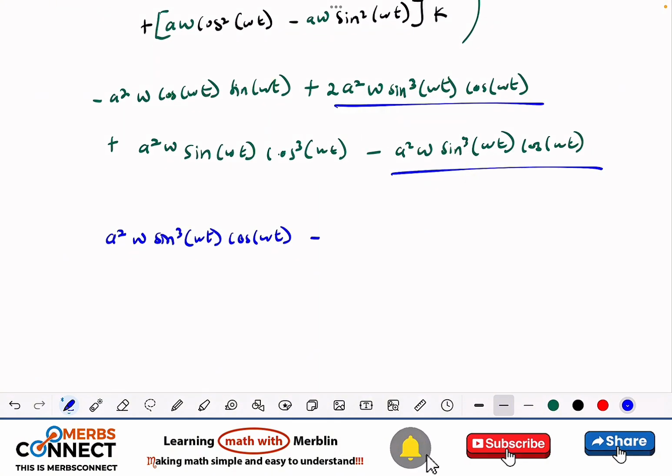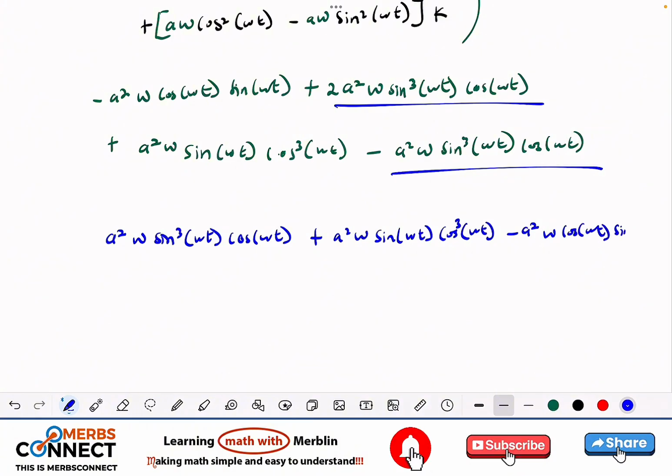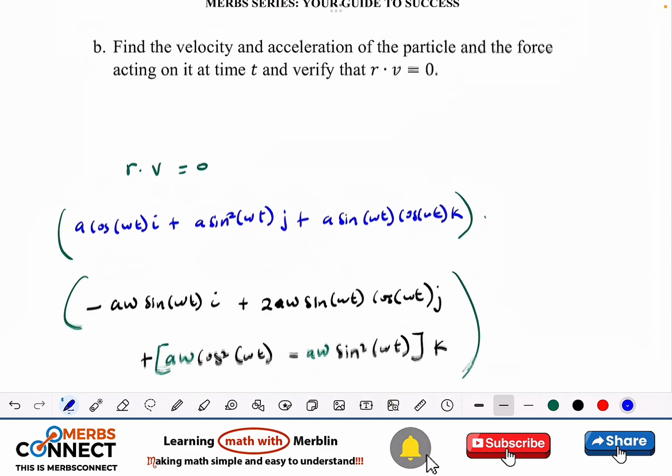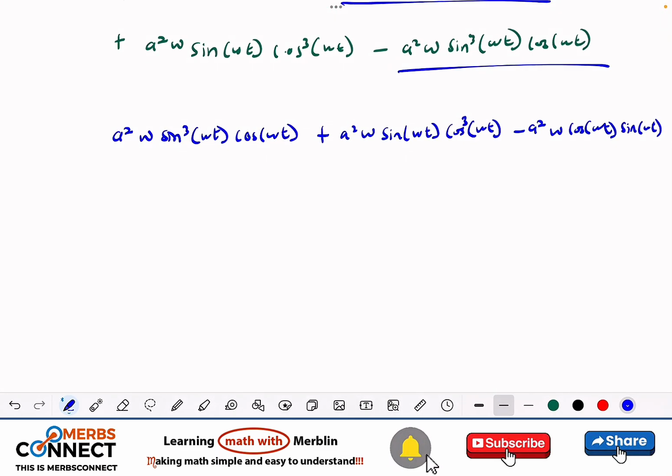So minus or plus a squared omega sine omega t cos to the power 3 omega t minus a squared omega cos omega t sine to the power 3 omega t. What are we looking for? It should be giving us 0.